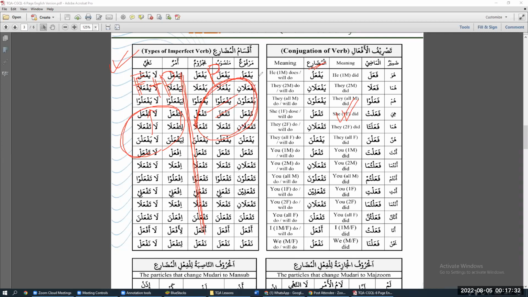Yes, sir. In Arabic, there are two types of tense. We call them al-madi, past tense, and al-mudari, present and future together. So we are clear on the two types of tense now. Am I correct? Yes, Ustad.